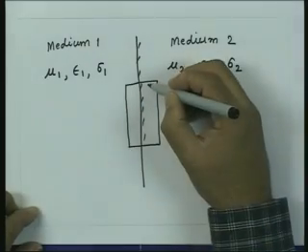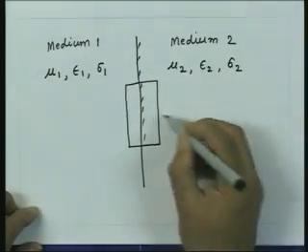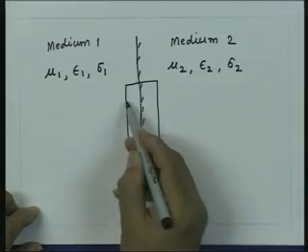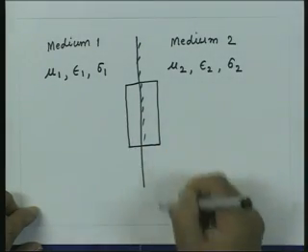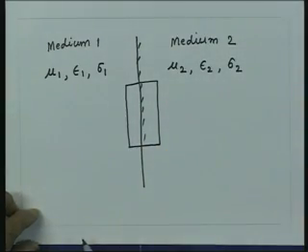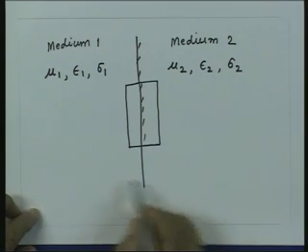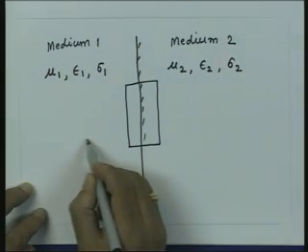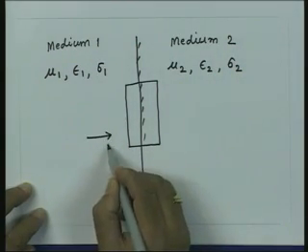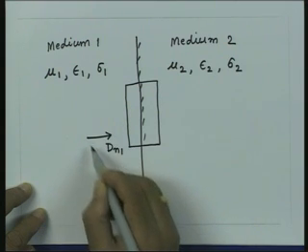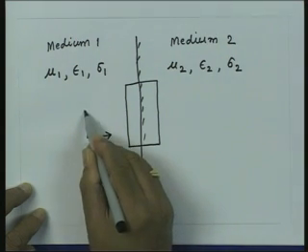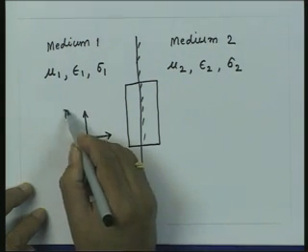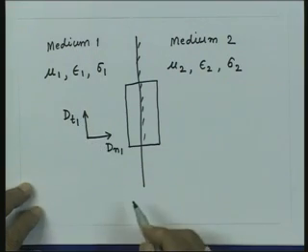So the displacement vector might be coming in this direction, it might be coming from this direction, or from this direction. If I say the displacement vector here has two components, say D_N1, and let us say this is the tangential component, which is D_t1.